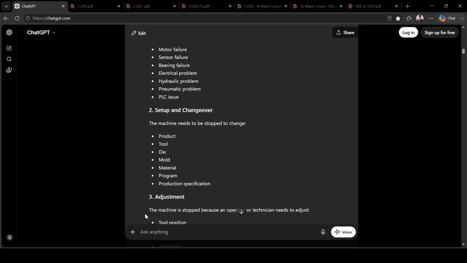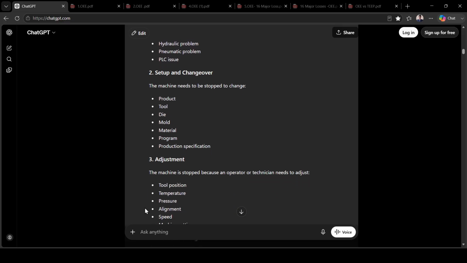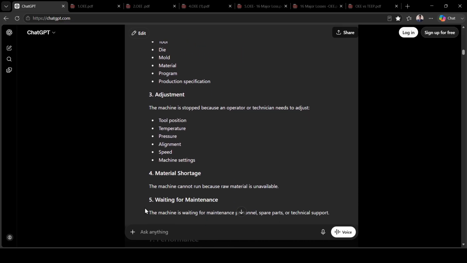That is the setup and changeover. The third is the adjustment. The machine is stopped because the operator or technician needs to adjust tool position, temperature, pressure, alignment, speed, or machine setting. So this is the adjustment time.